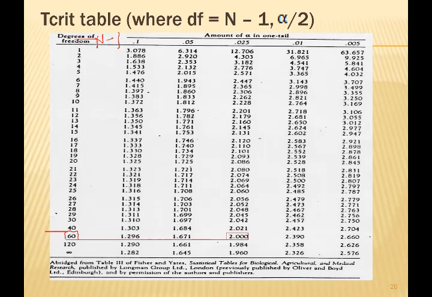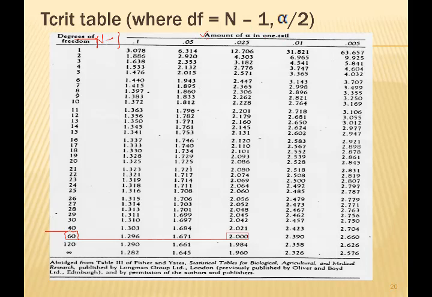So we're down to now this row here where the degrees of freedom is 60. So that's a lot of narrowing down to about 5 possibilities here. Now, to select the column, it is labeled by these little numbers here, right? And it says it's the amount of alpha in one tail, right?